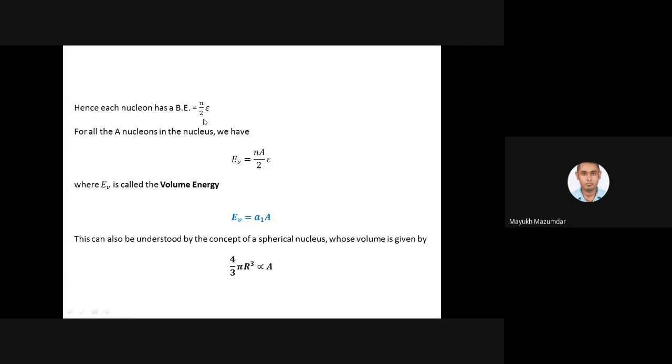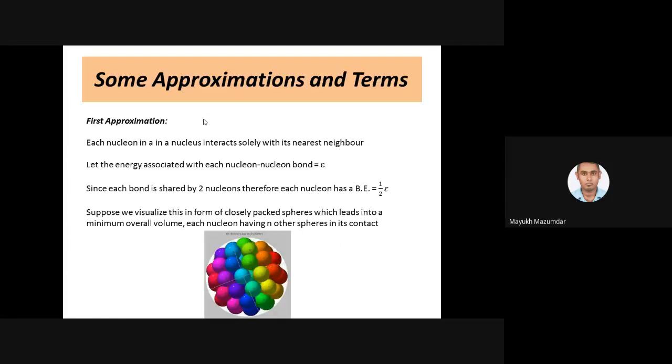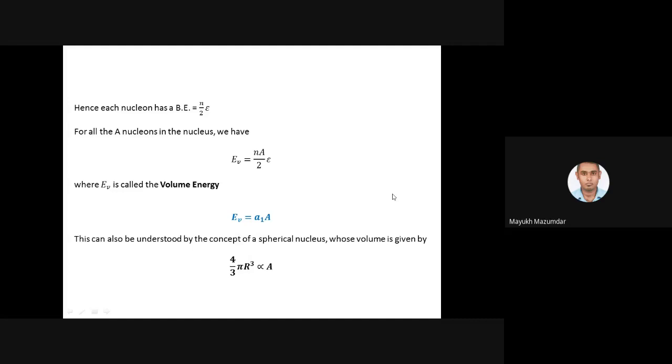When you are in contact with four people, with each person you are making a bond. So alone you had an energy of half epsilon. Now you have four more people. Then how many bonds will you make? Four more bonds. That is 4 into half epsilon. Here 4 is taken as n.